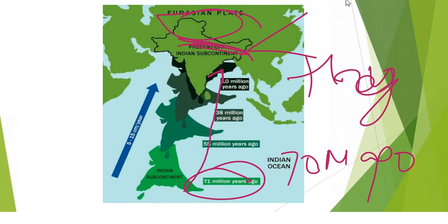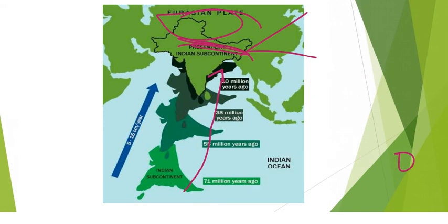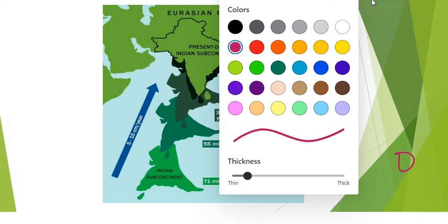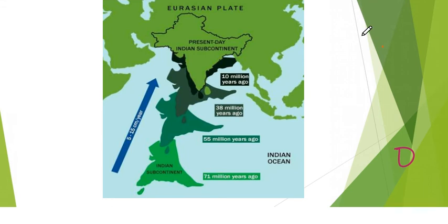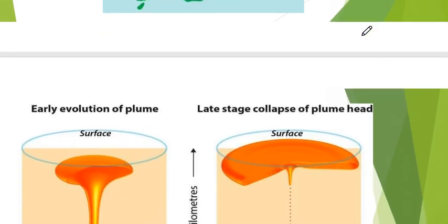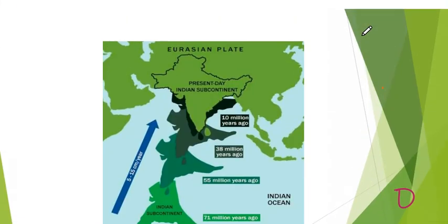But there are real, beautiful reasons behind this collision. How did the Deccan Plateau form in between this movement of the Indian subcontinent to hit the Eurasian plate? We will be hearing that. Stay calm, enjoy this. See, you can see, right?